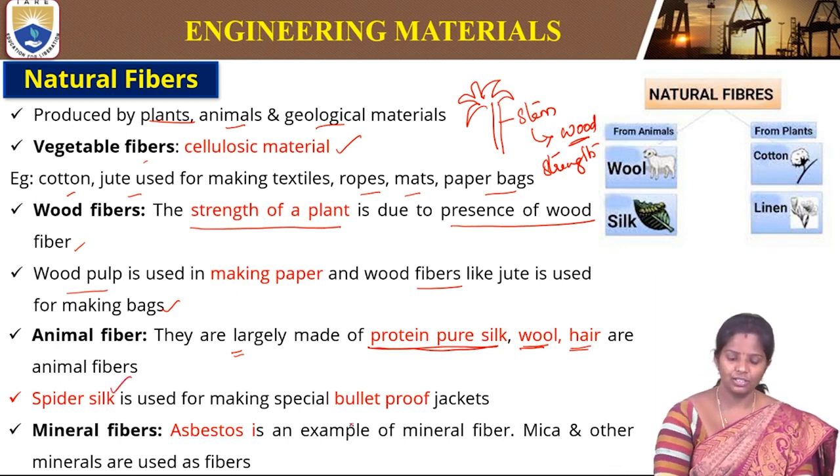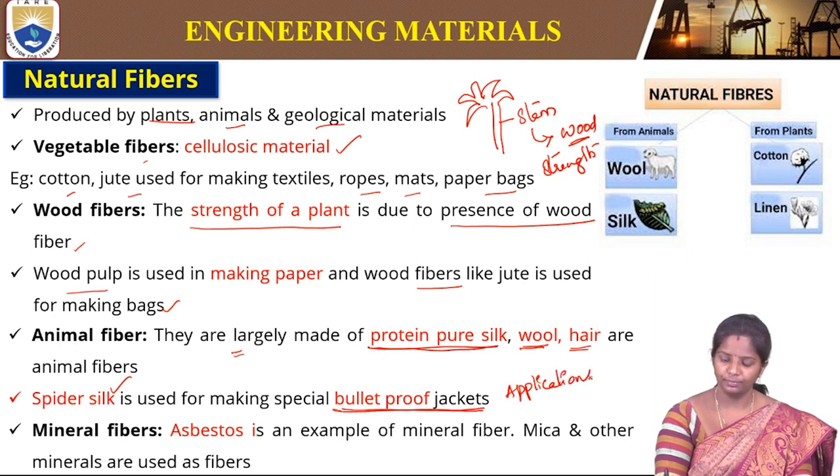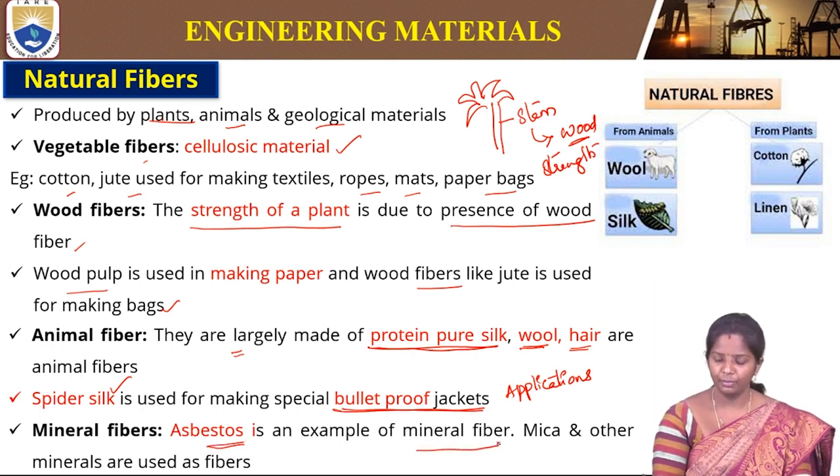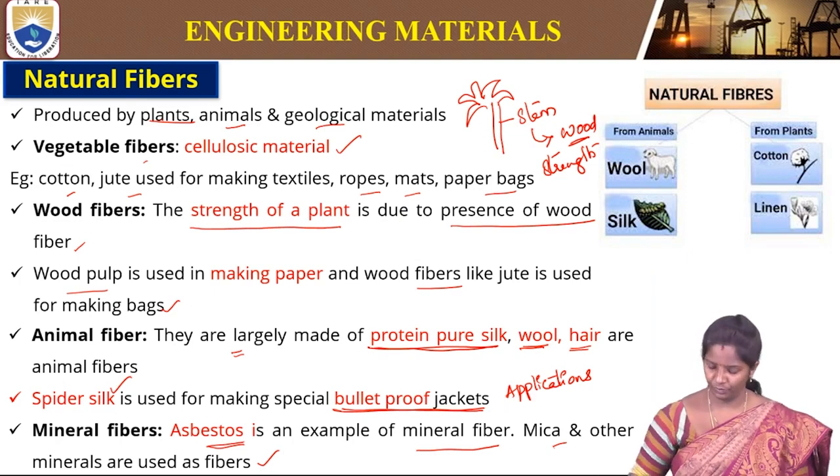Spider silk is used in making bulletproof jackets. These are the applications of animal fibers. Then mineral fibers: asbestos is a good example of a mineral fiber. Mica and other minerals are also mineral fibers used in different applications.